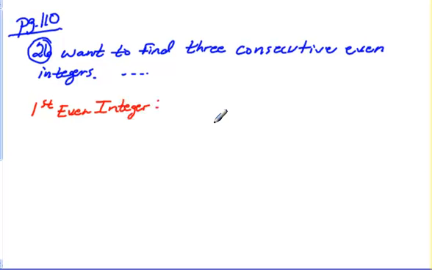What do you guys want to use to represent that number that we don't know? X. Okay. Our second even integer. And obviously these are consecutive. I'm not putting that, but here, consecutive.